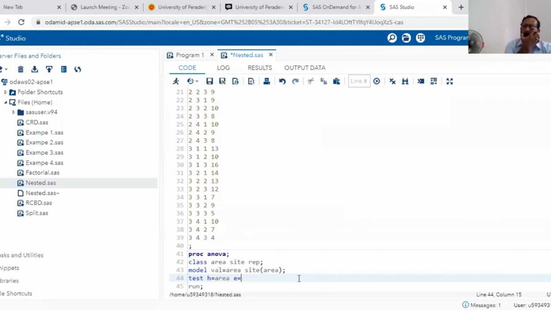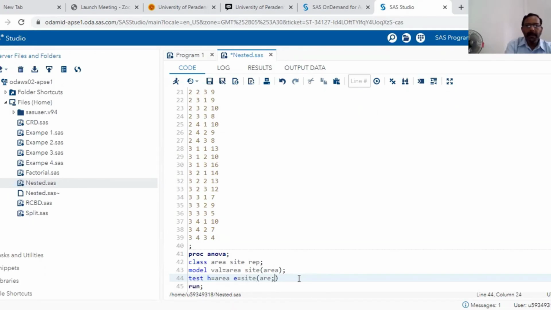What is the error term for testing area? Anyone? What is the error term to test the area? I have already mentioned this. Yeah, site. Site within the area.